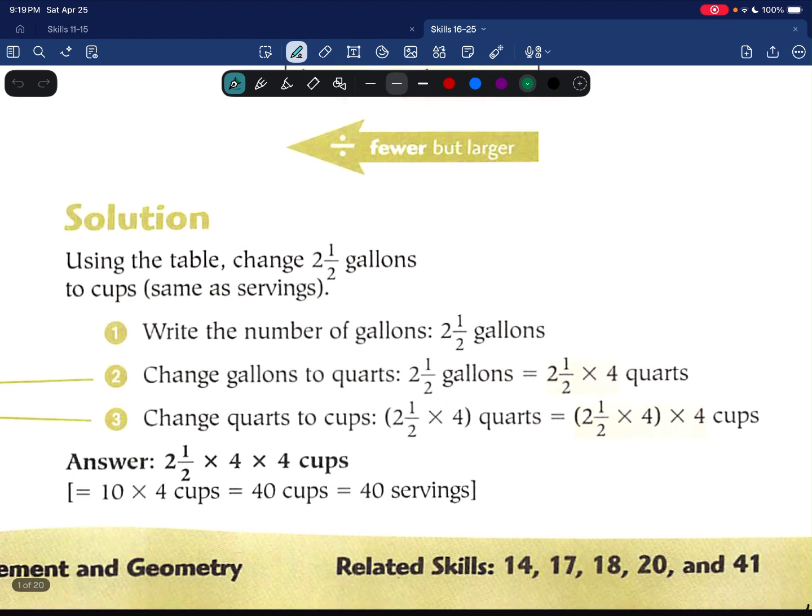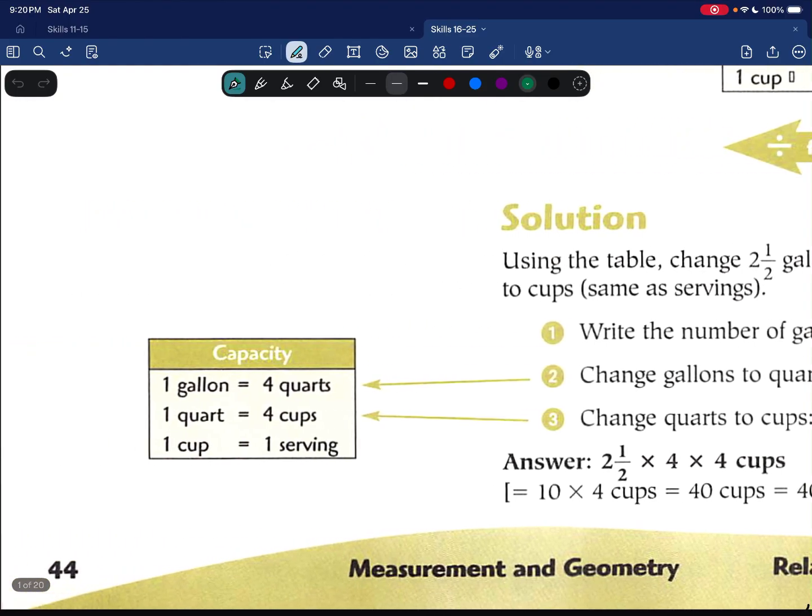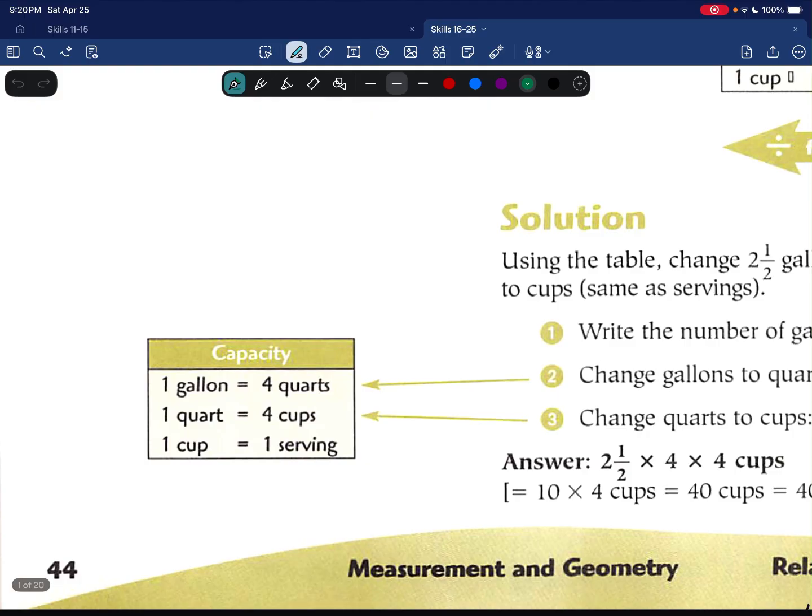And the answer they have done here, using the table, change 2.5 gallons to cups, which is the same as servings. Write the number of gallons, 2.5 gallons. Change gallons to quarts by multiplying by 4, and change quarts to cups, again by multiplying by 4. And that is your table of capacity conversions.